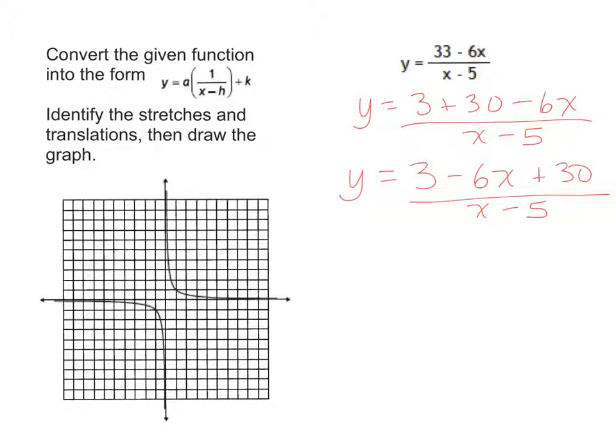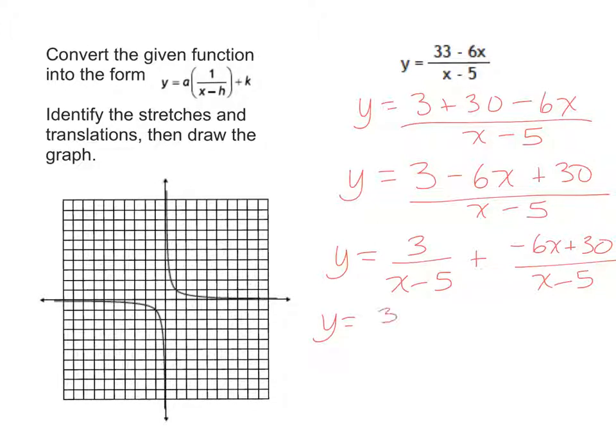Now I'm going to split it. I'll make this one 3 over (x minus 5), and this one negative 6x plus 30 over (x minus 5). The reason that I split it that way is because the one on the right, (negative 6x plus 30) over (x minus 5), actually now has a common factor in the numerator and the denominator. But you probably can't see it yet. Well, maybe you can see it.